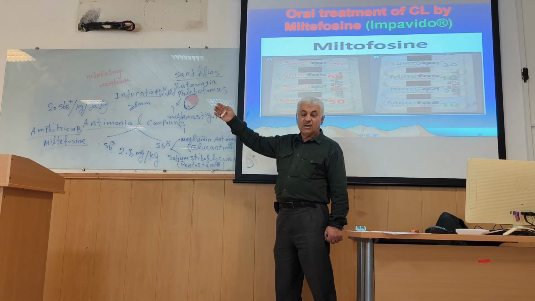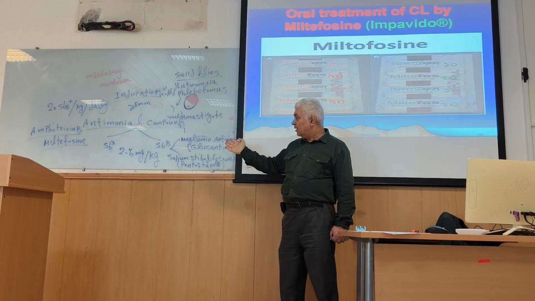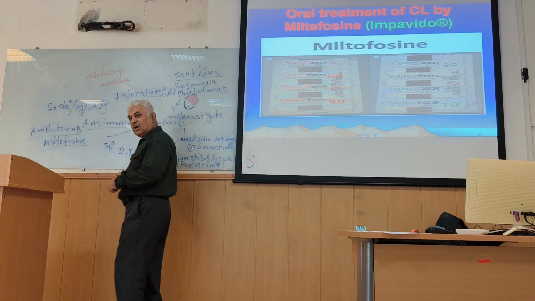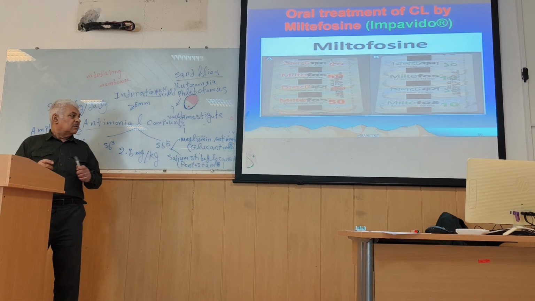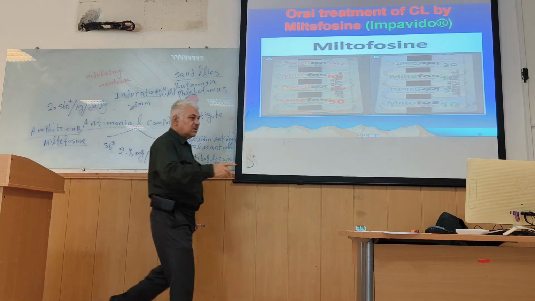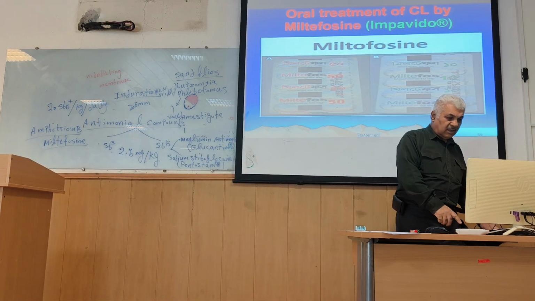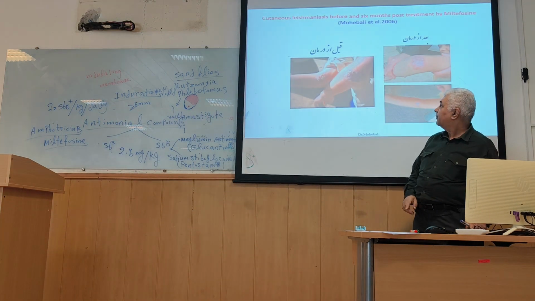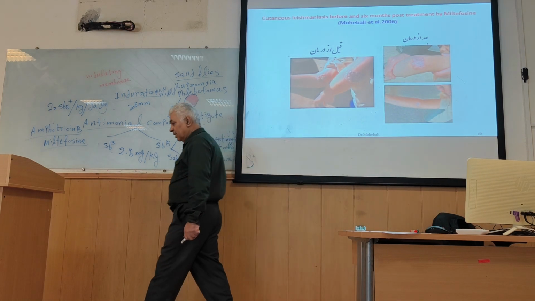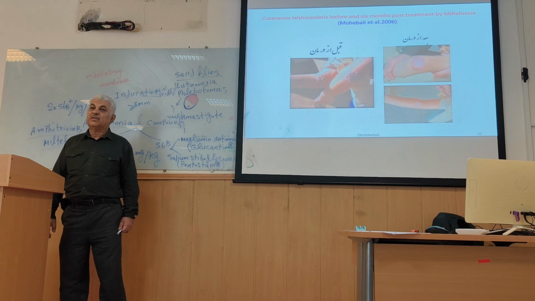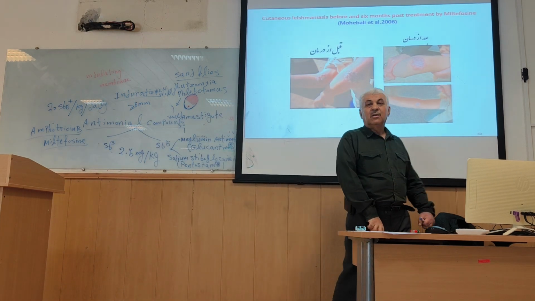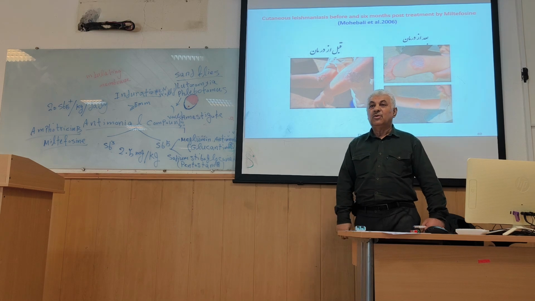But these drugs, amphotericin B and Glucantime and Pentostam, are only injection, IM or IV injection. These are alternative drugs. As you see in this slide, we use miltefosine for the treatment of complicated cutaneous leishmaniasis in the north part of Iran, supported by WHO.